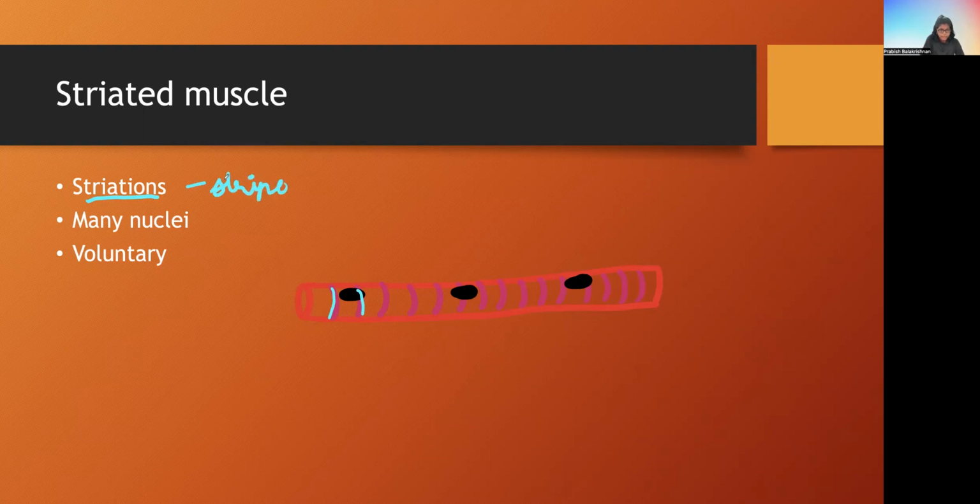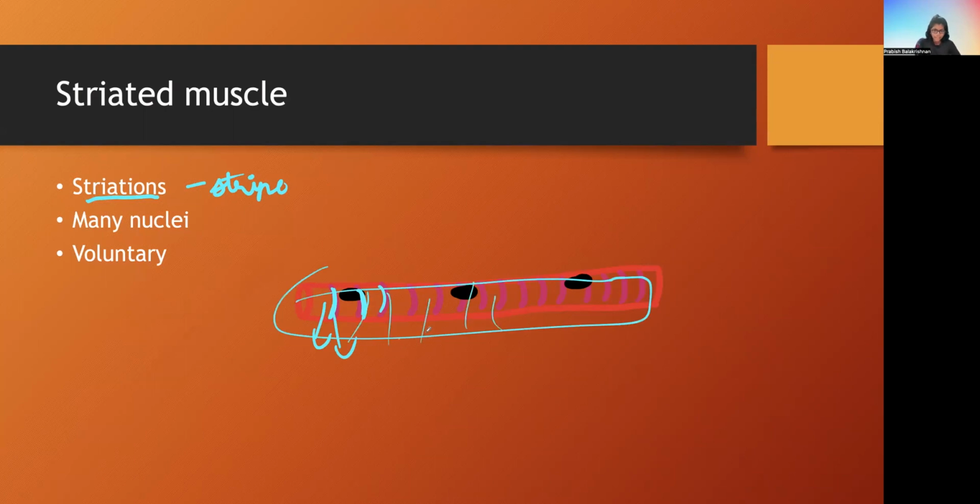So stripes are nothing but bands of dark and light colors in this muscle, and as it is so long, it has many nuclei. This is also called the voluntary muscle because it works on our will.